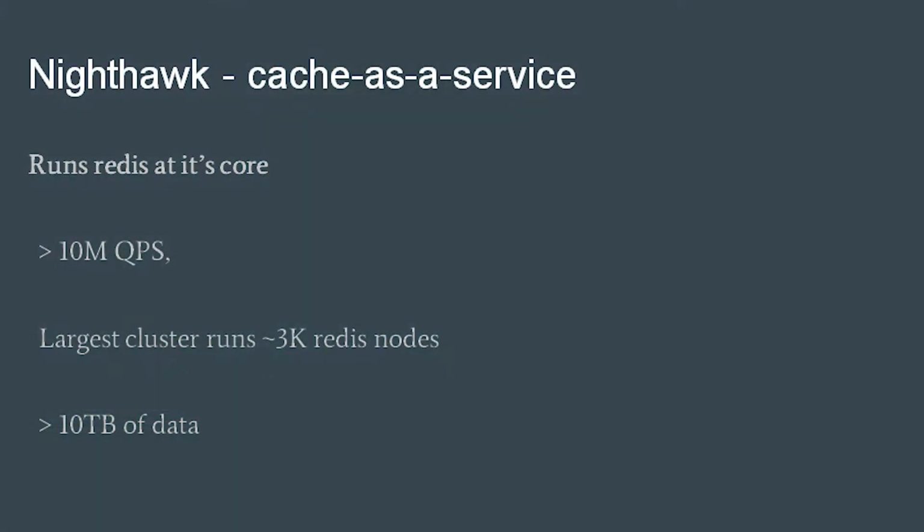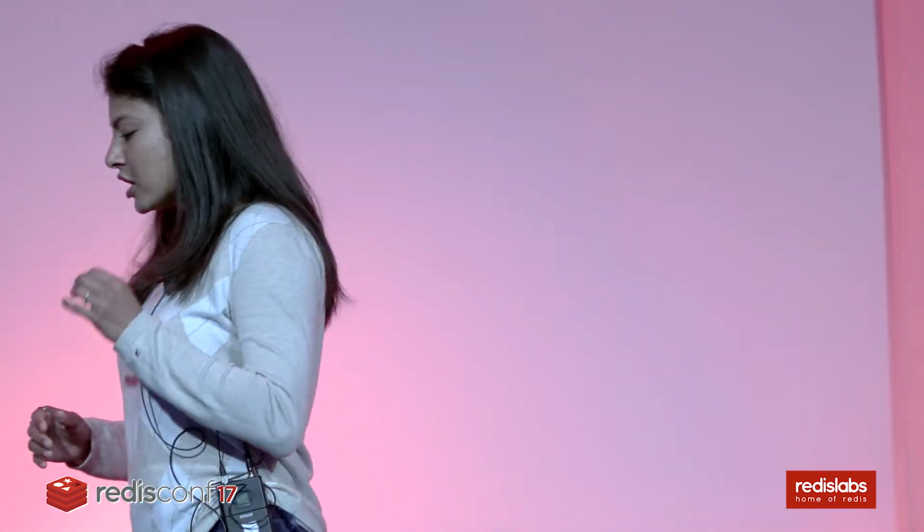So what is Nighthawk? Nighthawk is a distributed caching solution that runs Redis at its core. Any service that needs a Nighthawk cache gets its own Nighthawk cluster. So at any given point in time, we're running a bunch of Nighthawk clusters. To give you an idea of the scale at which we run Nighthawk and Redis, I'd like to share some numbers.